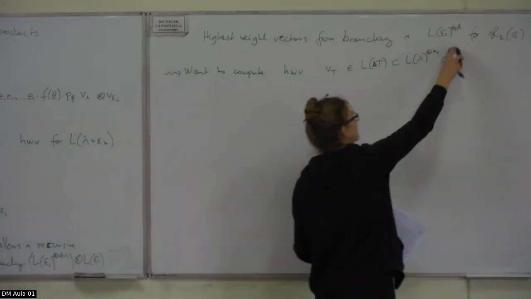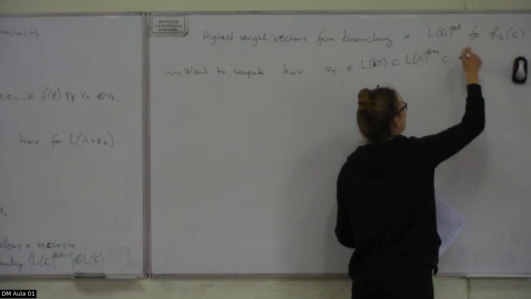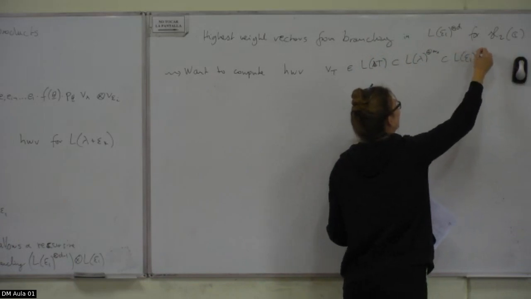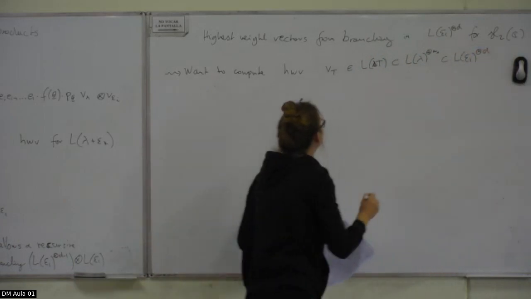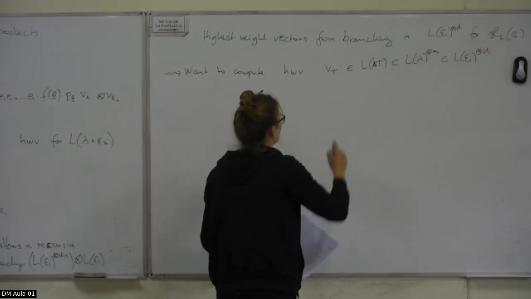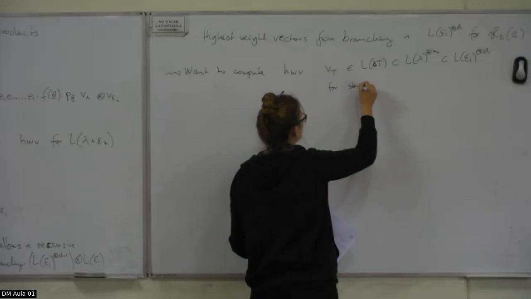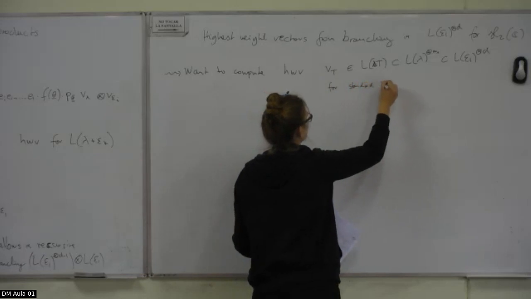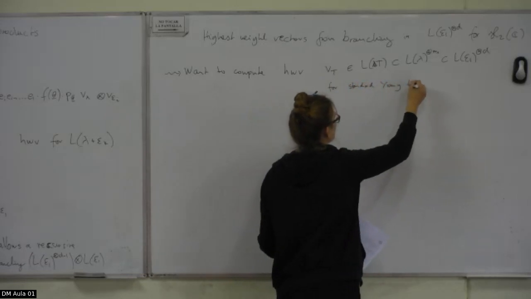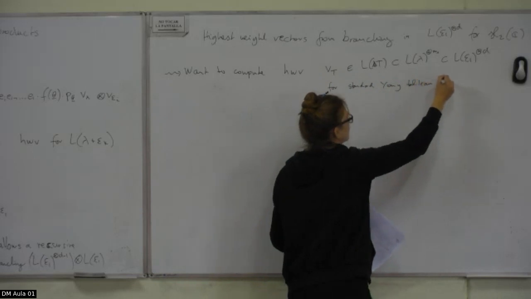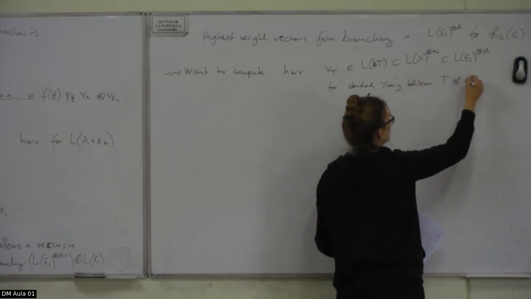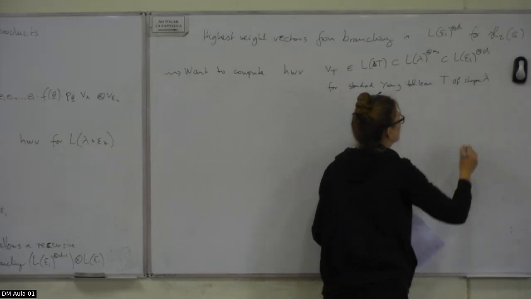As you can see, it depends on the power. But we want to describe this for a standard Young tableau T of shape lambda.